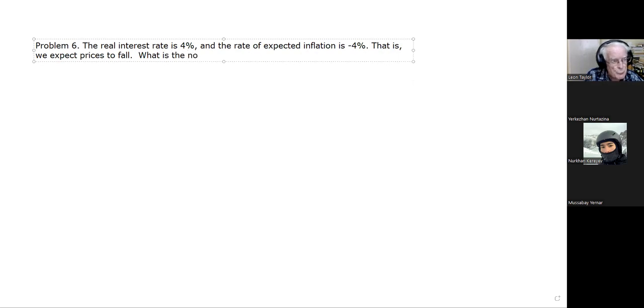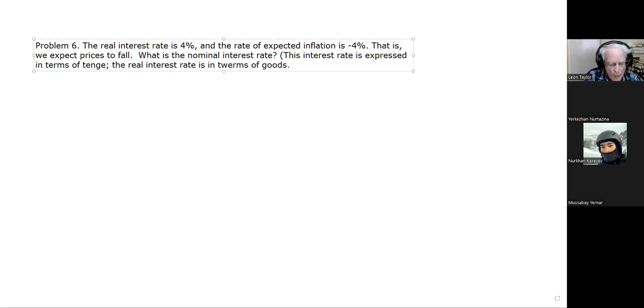And we look to find the nominal interest rate, that is the interest rate in terms of tenge rather than goods. Okay, so remember this is inflation.